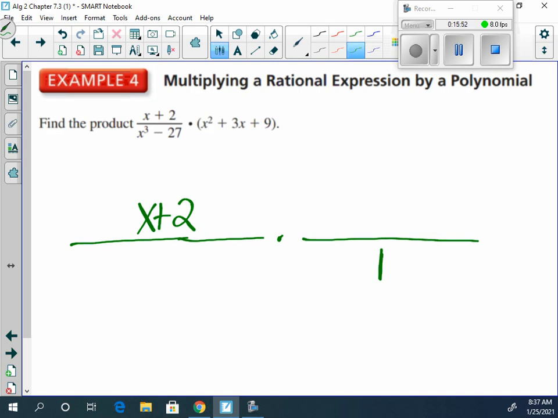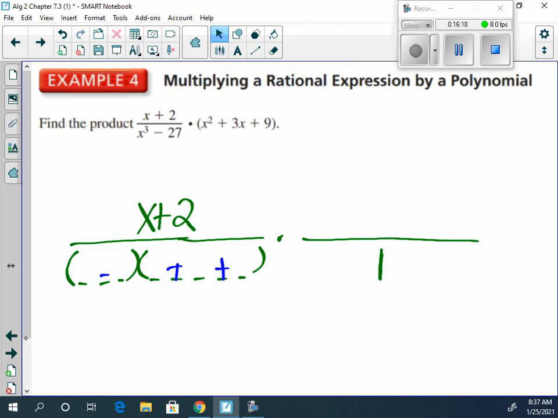Well, now we can factor. Let's start with x cubed minus 27. 3 spots and 5. Now, what are our signs going to be for this here? Same, opposite, always end on a positive note. Now we can take the cube roots of x cubed and 27, and that would give us x and 3, because the cube root of 27 is 3.